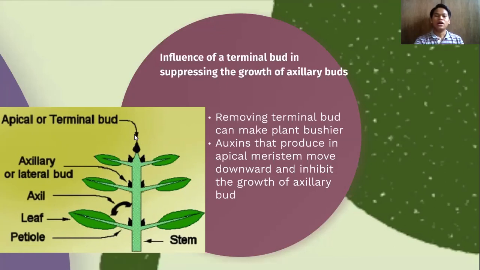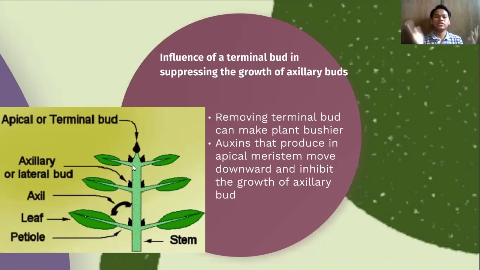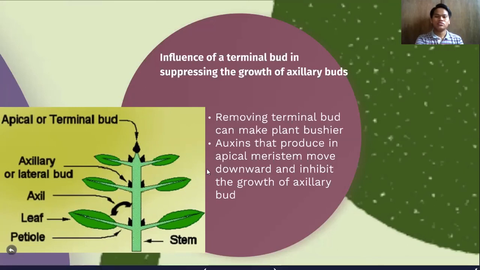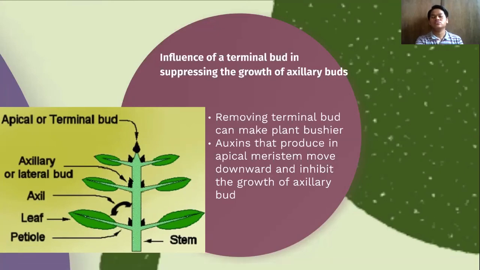Thus, axillary buds will grow. This can make the plant become bushy because it can grow horizontally. When we put back the terminal bud, it can help the terminal bud to grow back.